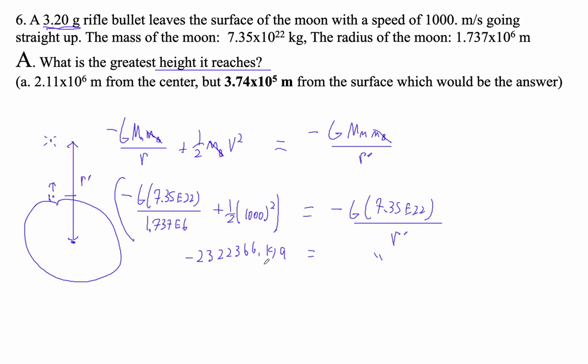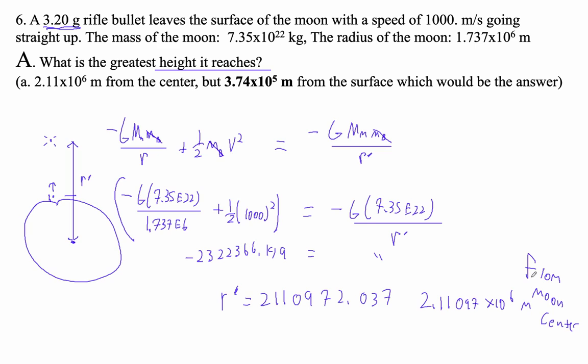And I'm getting that R prime is 2110972.037, or 2.11097 times 10 to the 6th meters, but that's from the center of the moon.